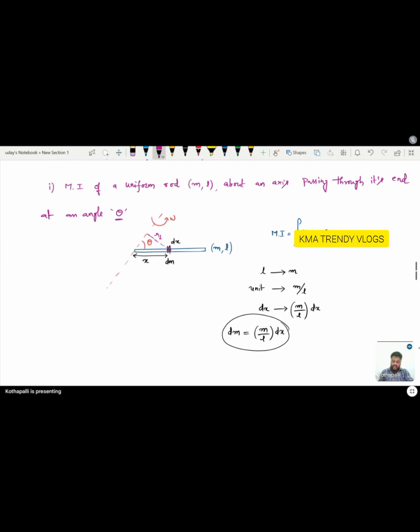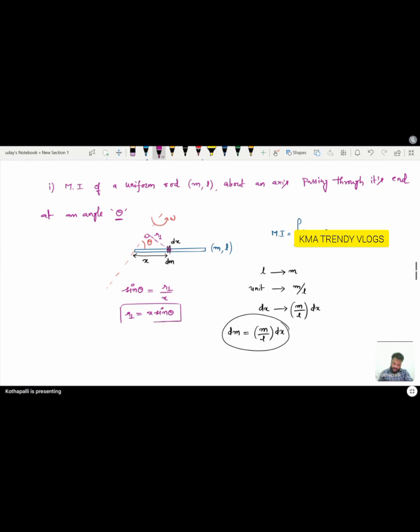See, from this triangle, if I take sine theta, we can write opposite by hypotenuse. This is 90 degrees, so the side opposite to 90 is the hypotenuse x. So r perpendicular will be x sine theta.